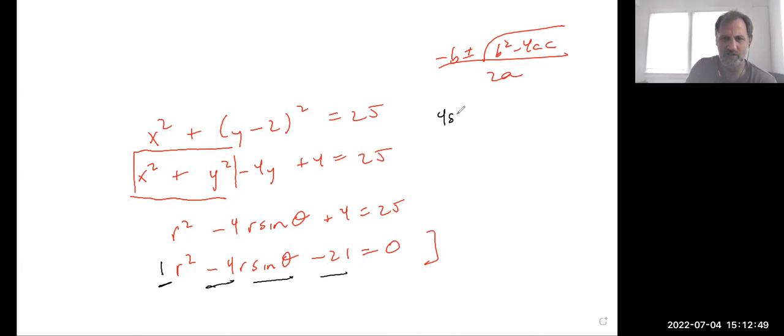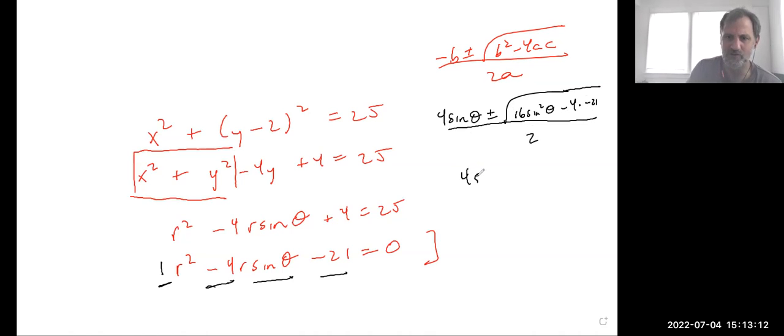Okay, so I've got 4 sine theta plus or minus the square root of b squared, so that's 16 sine squared theta minus 4 times 1 times negative 21, all divided by 2.